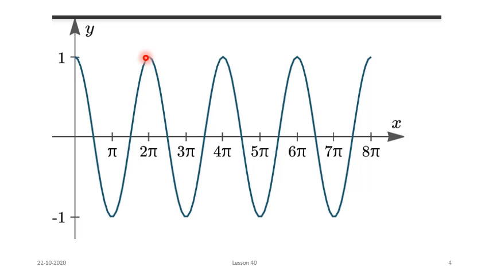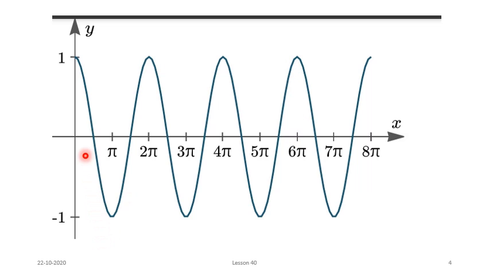Now for the constructive interference, or for the bright fringe, the cos has to be positive, plus 1. And for which values will cos be positive? It will be positive for 0, for 2 pi, then again for 4 pi and 6 pi.